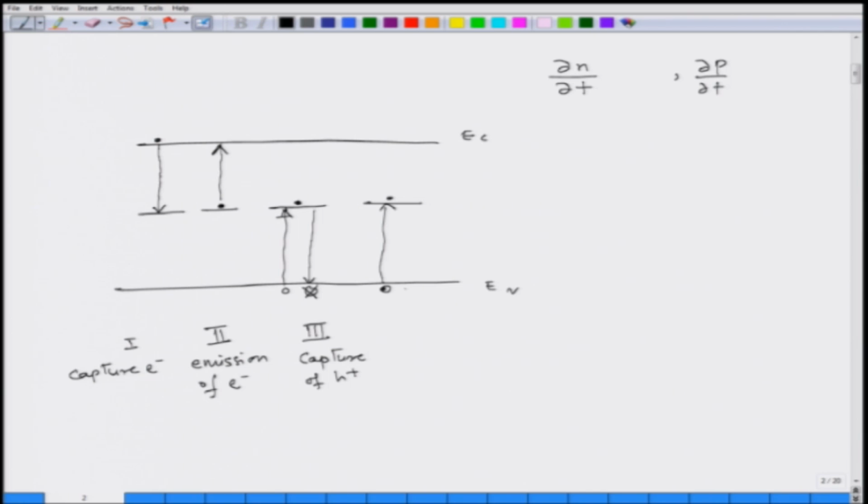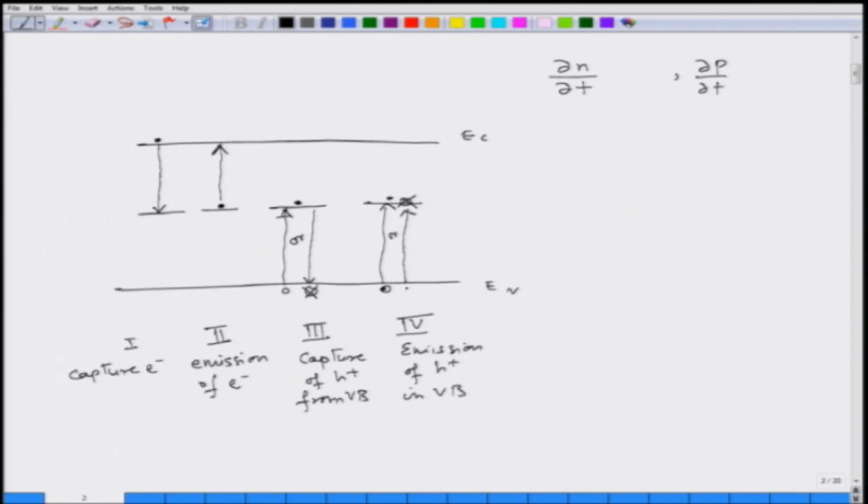This is also sometimes seen as an electron annihilating a hole. So, these are different ways of looking at the same thing. Basically, this is the emission of a hole in the valence band. This is capture of hole from valence band.